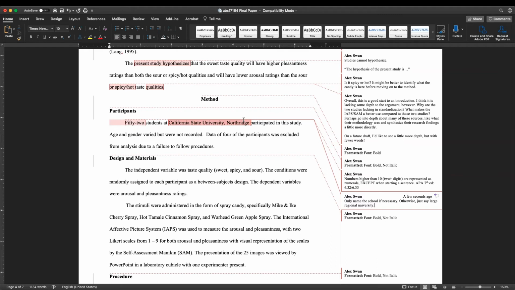And so you can see here that me and my group did not do a very good job of getting that information. You can see age and gender vary, but were not recorded. We should have done that. At the very least, we should have asked people what their age and gender were.